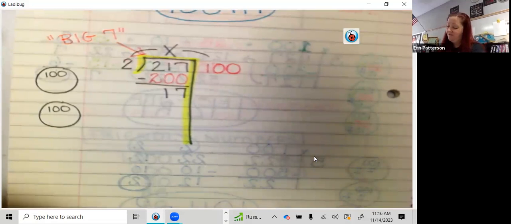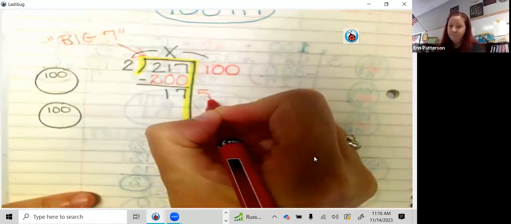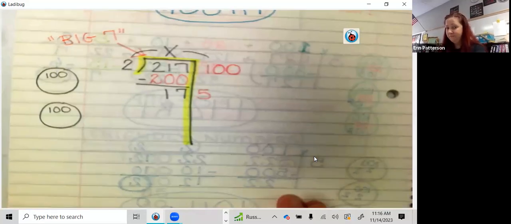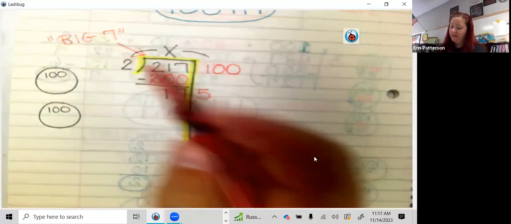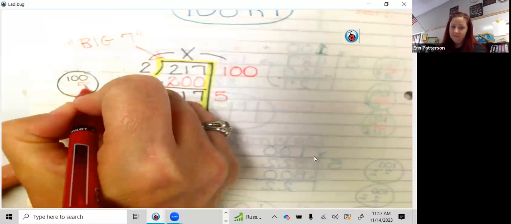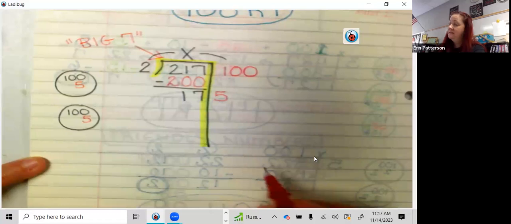So I'm going to write 5 beside the 17. To get it back across, I have to do 5 times 2 because I gave 5 and 5 away, which will be how much? 10.